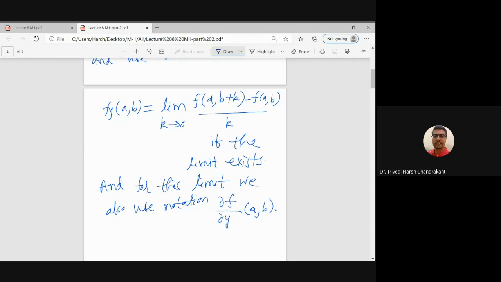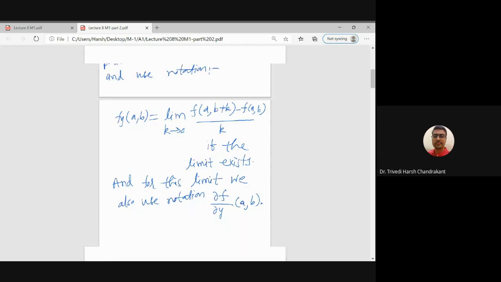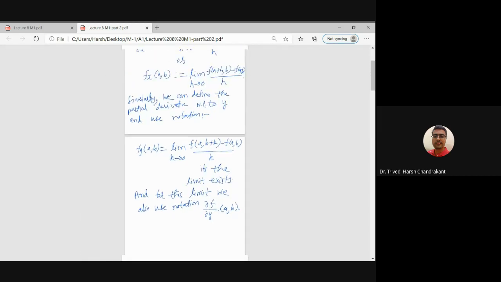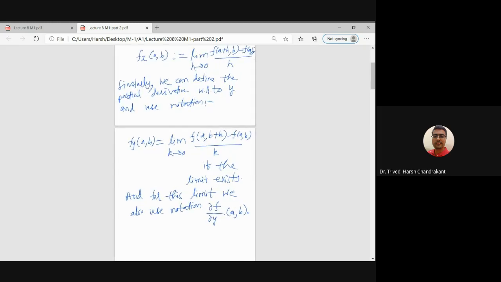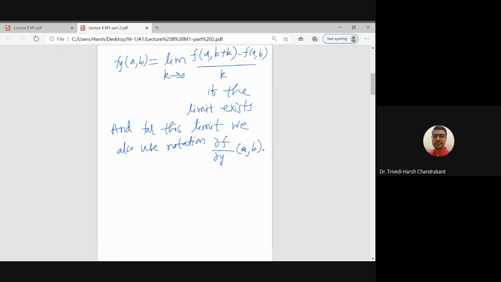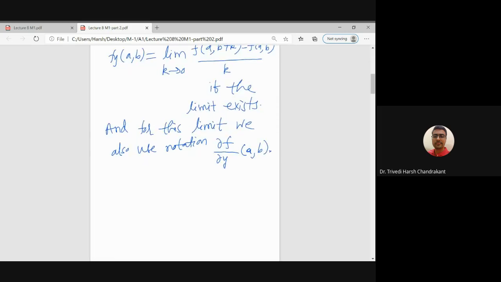So this will give us two limits, limit in the first coordinate and limit in the second coordinate, f x and f y at the point a comma b. So combining these both limits in both the coordinates, what we get is known as the gradient.